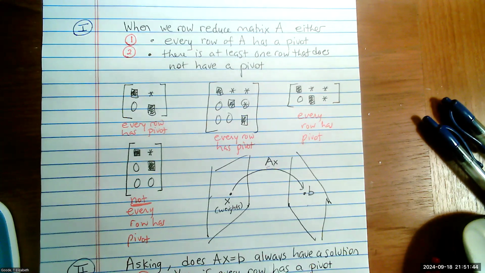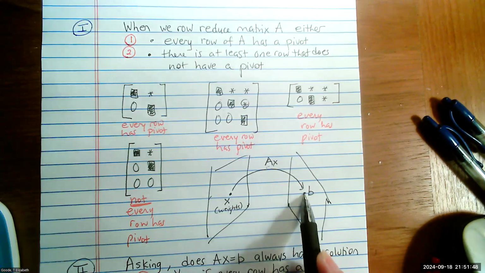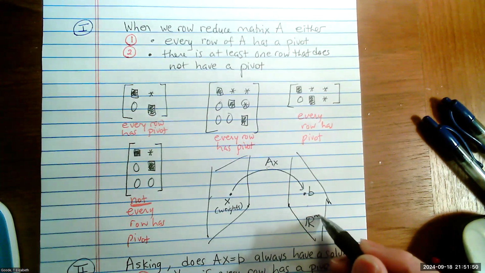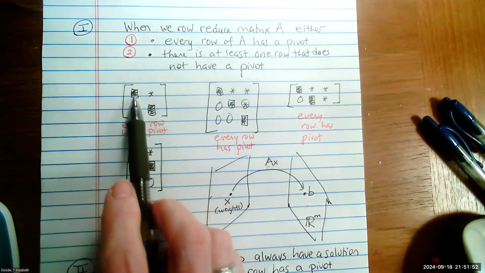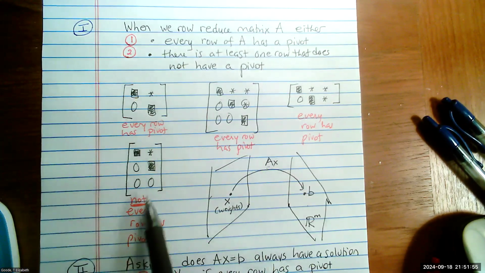Are they powerful enough that we can get every single vector B possible over here in R^m? If so, that's going to look like having a pivot in every single row.